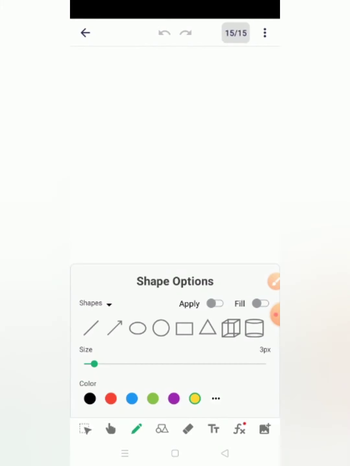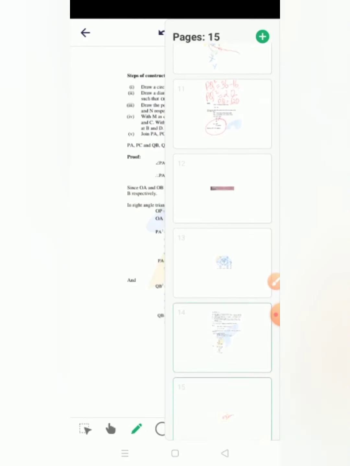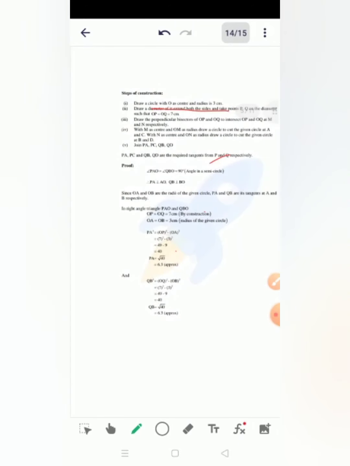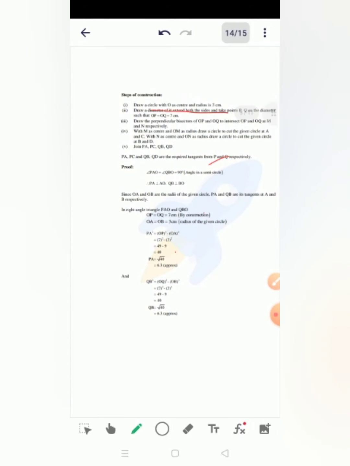First, draw a circle of radius 3 centimeter and center O, right? After this, you draw a diameter and extend it on both sides and take points P and Q on the diameter such that OP equals OQ, which should be 7 centimeter.